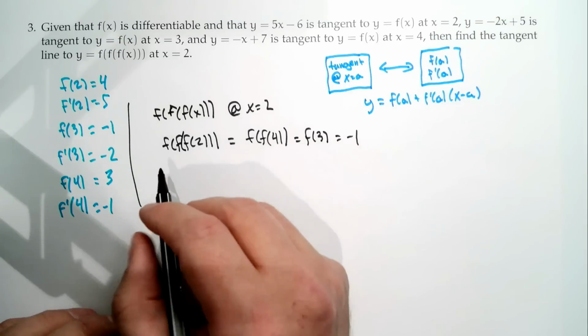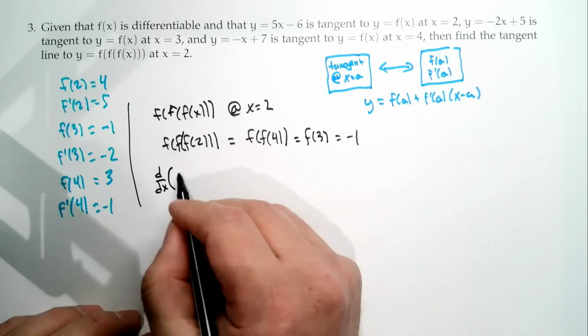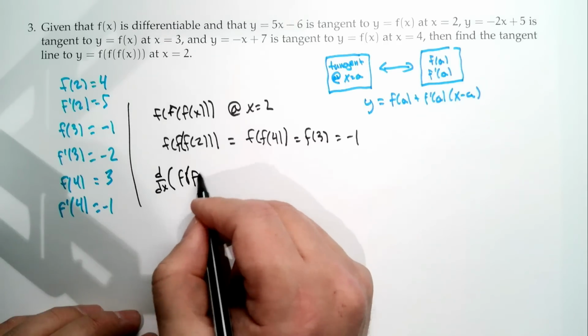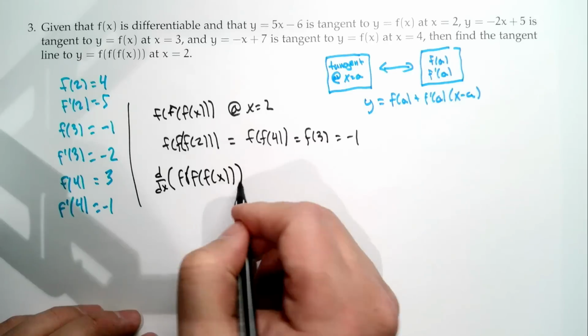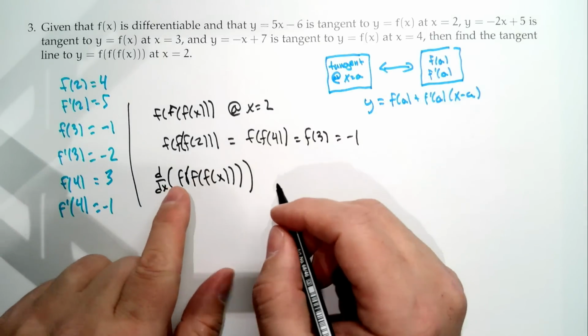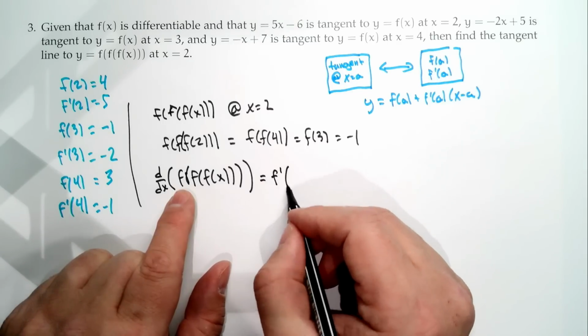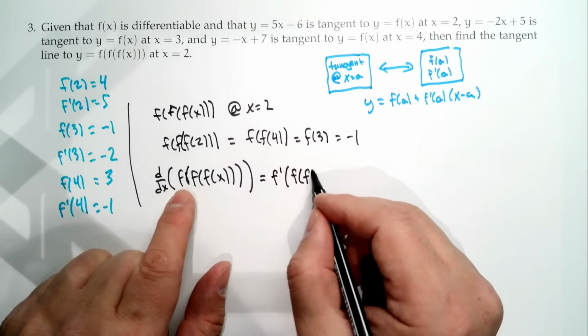The other thing we need to know is what happens when I take the derivative of f of f of f of x. So this is probably going to test our patience. This is really just the chain rule. We just have to work through it slowly, one layer at a time. So the chain rule says, start with the most outside, the first f. Take the derivative of that, but you leave what was being put into it unchanged.